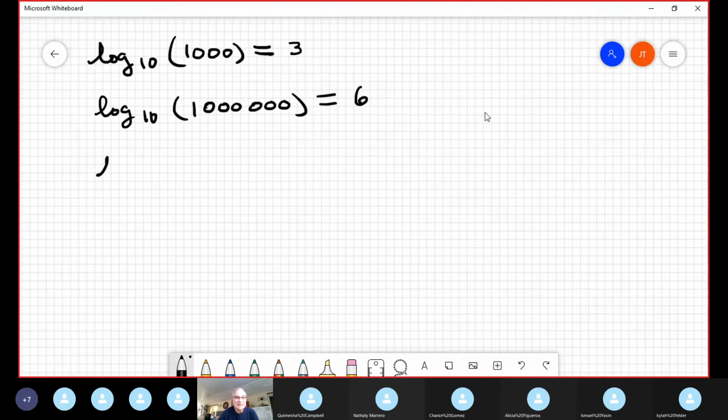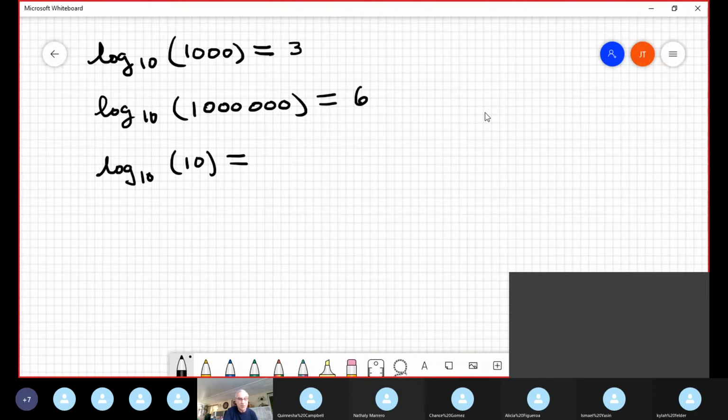Suppose logarithm base 10 again of 10. What do you think? So we computed the logarithm today. 1. Very well.